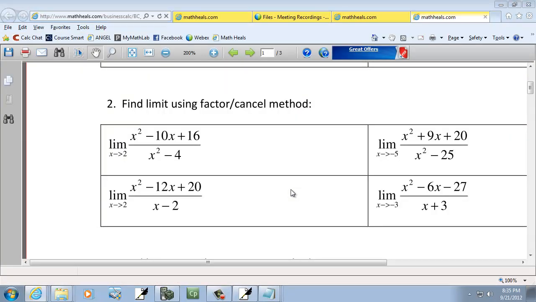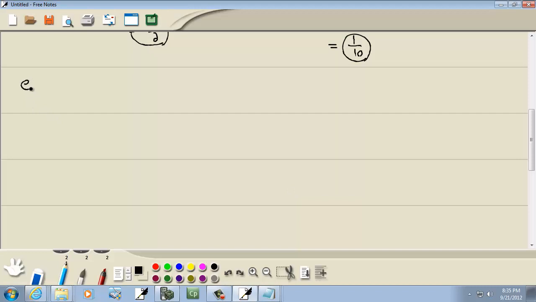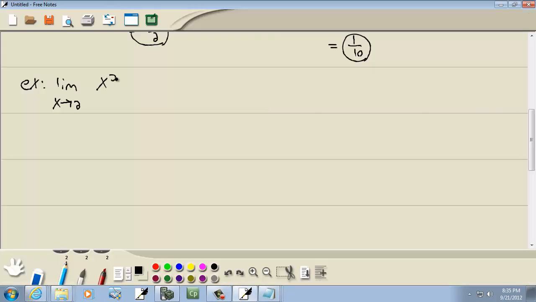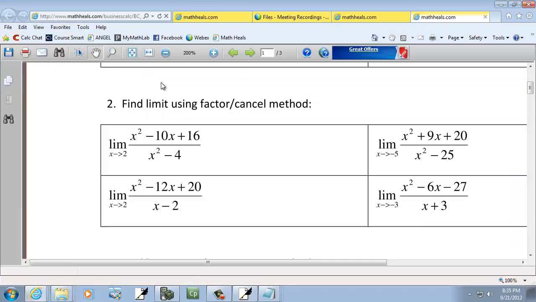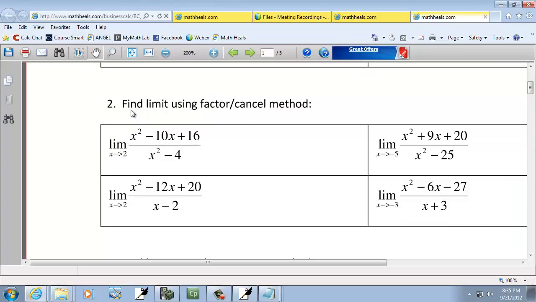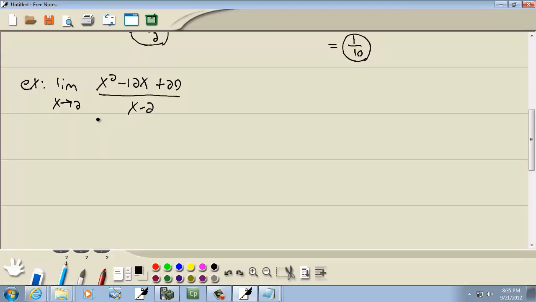Look at our third example. We get the limit as x goes to 2 of x squared minus 12x plus 20 over x minus 2. Well, the bottom part doesn't factor, but the top part does, using the PSD again.